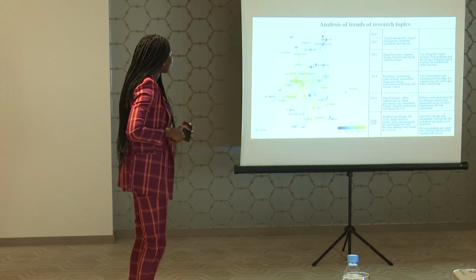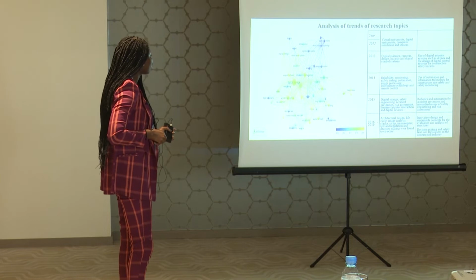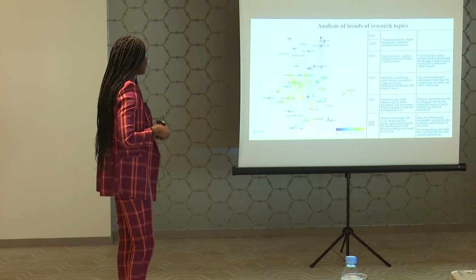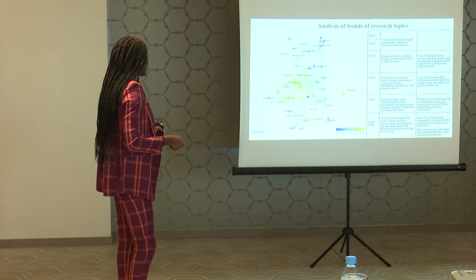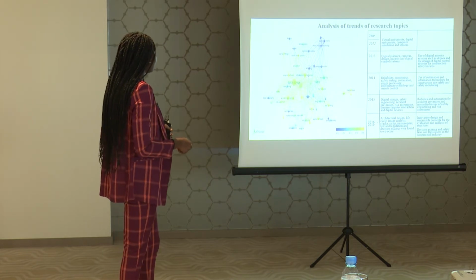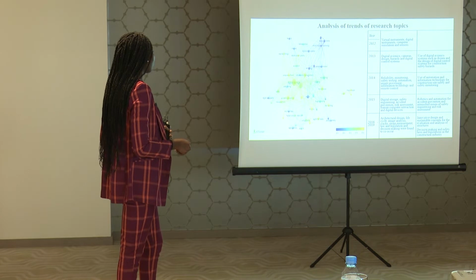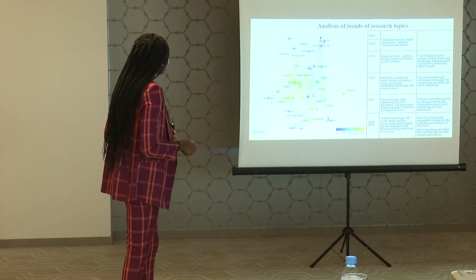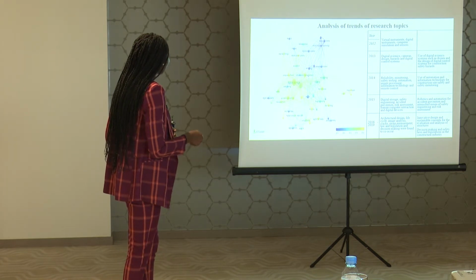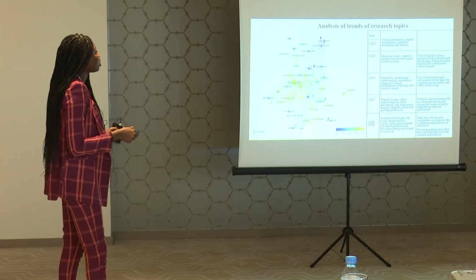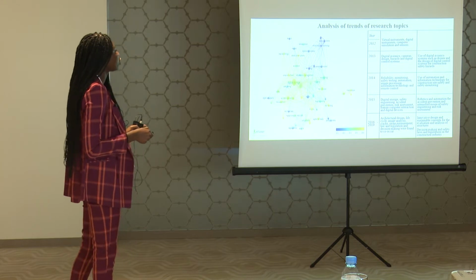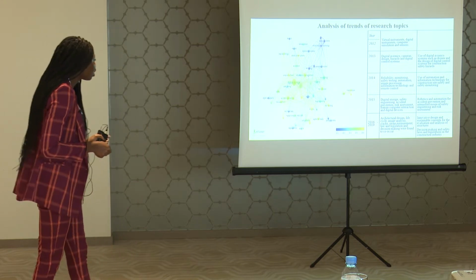This box represents the colors in this diagram for each of the years. Between 2009 and 2012, which is represented in a dark blue shade, we found keywords such as virtual instruments, digital instruments, computer simulation, and sensors.